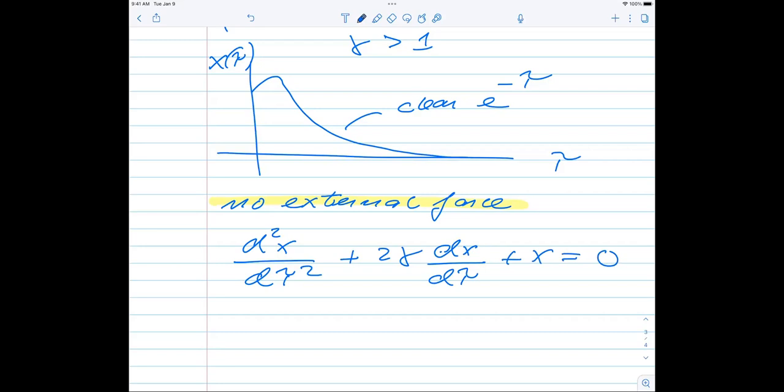So this is a differential equation, and it's linear in the unknown x.